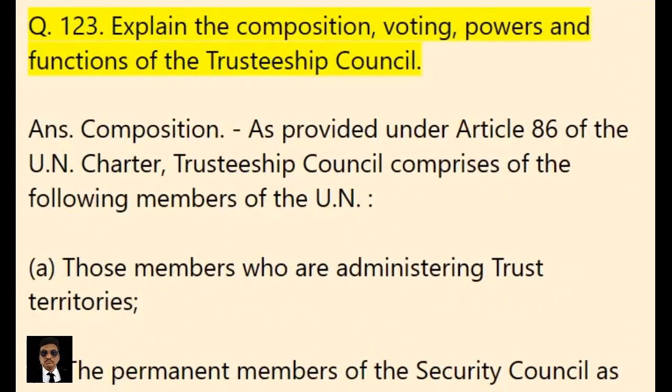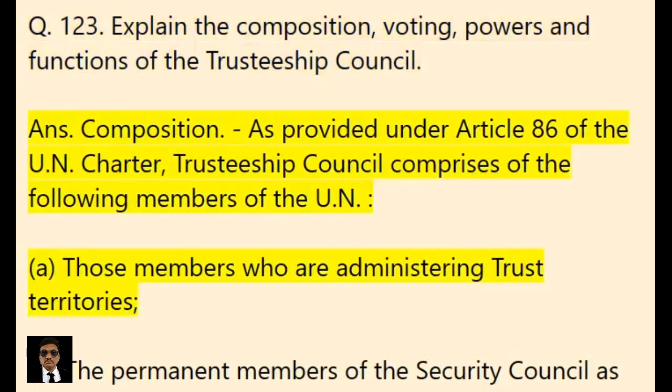Q. 123. Explain the composition, voting, powers and functions of the Trusteeship Council. Ans. Composition. As provided under Article 86 of the UN Charter, Trusteeship Council comprises of the following members of the UN. A. Those members who are administering trust territories.